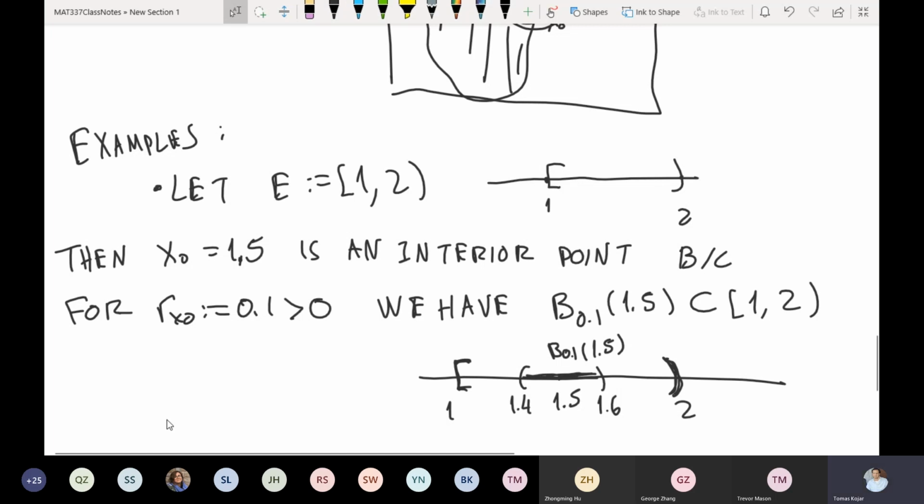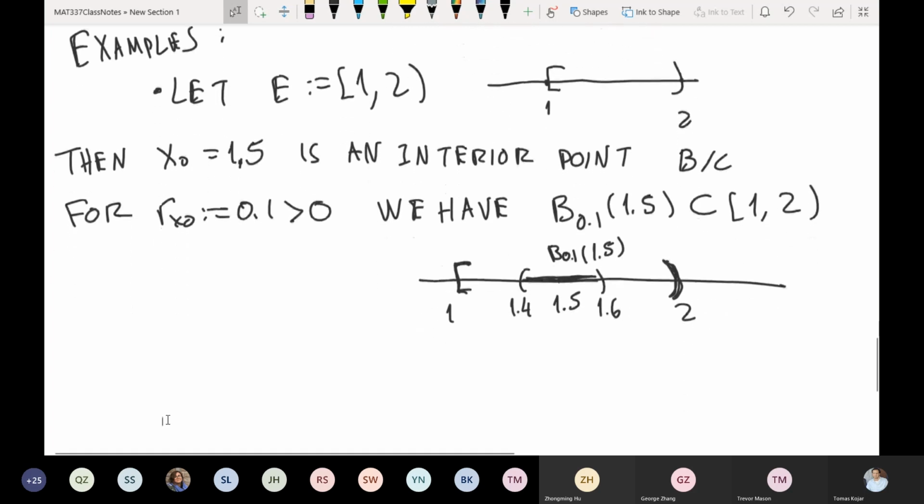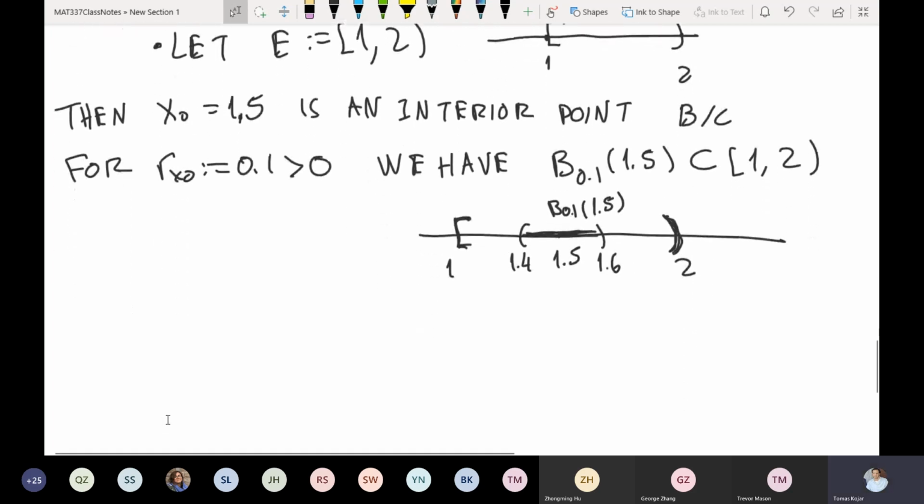Is that okay? Okay. Then x naught equal to 3 is an exterior point.